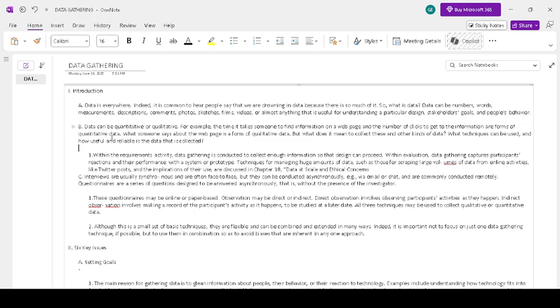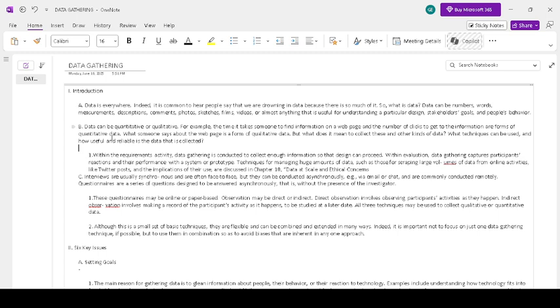So, the number of clicks on a web page is considered quantitative data. What does it mean to collect those data? We will discuss this in this chapter. Within the requirements activity, data gathering is conducted to collect enough information so that design can proceed.